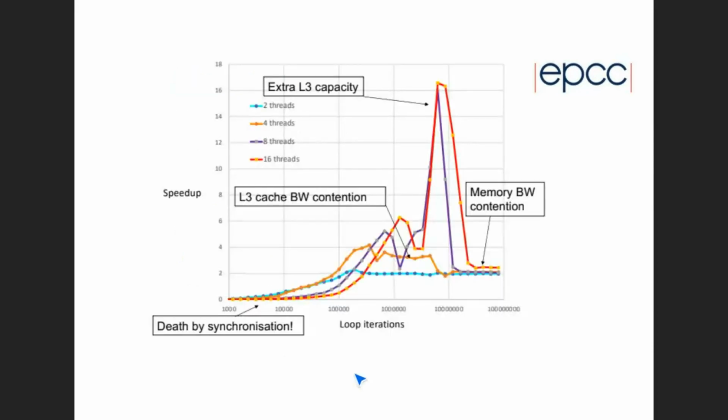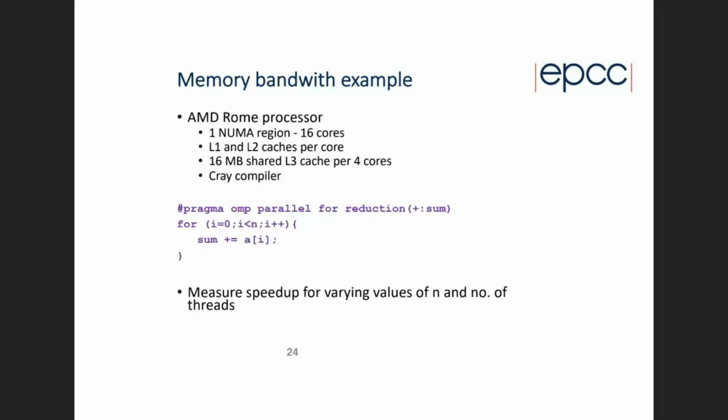Okay, so I end up with a rather messy graph. So let me try and explain what's going on here. What am I actually plotting? I am plotting the speed up that I got versus the number of loop iterations, so that's the value of n in this loop.